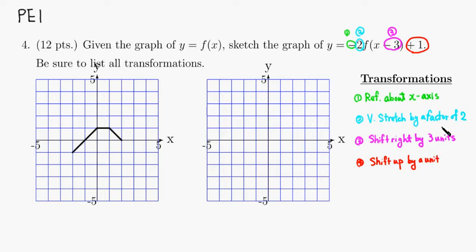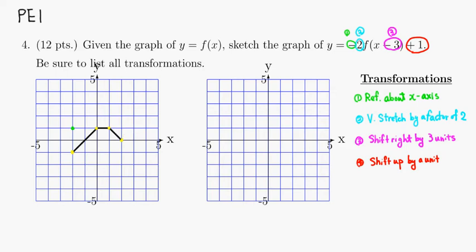Alright, so let's apply each transformation one by one. So first transformation, we just have to reflect it. So this point is originally negative 1, so it's reflected over to the other side of the x-axis. We're basically looking at these corner points, the beginning point here, corner points here, and another corner point there, and that's the ending point.